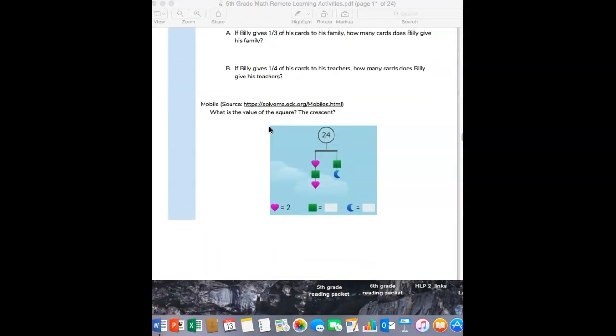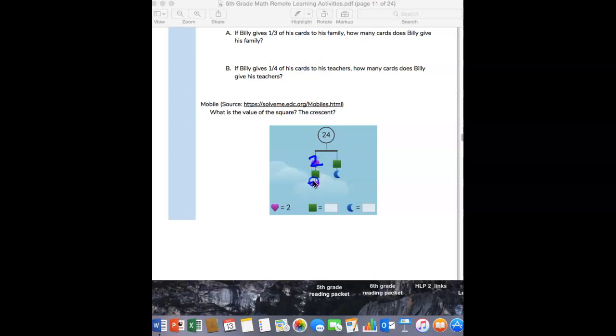It says, this is a mobile. What is the value of the square, and what is the value of the crescent? So the heart is 2. We're going to go ahead and put a 2 where the hearts are. This is 2. This is 2.